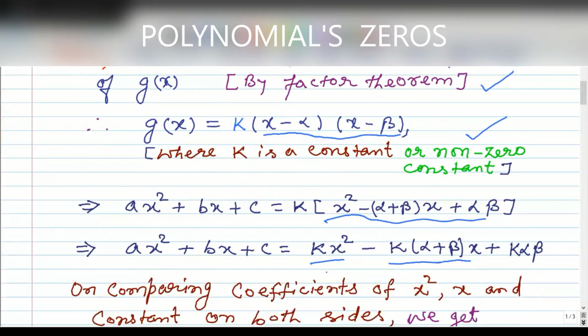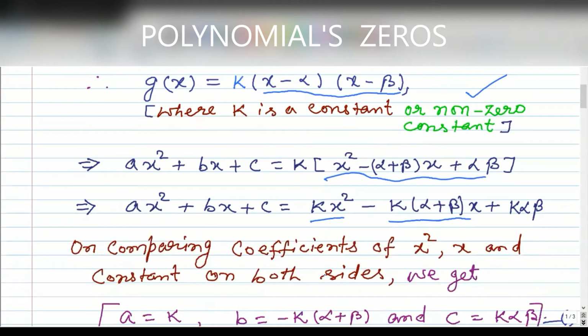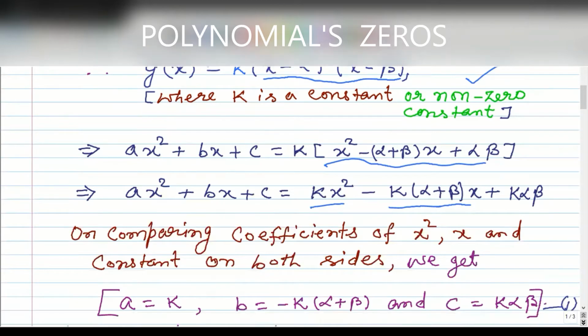On comparing the coefficients of x square, x and the constant on both sides, in the place of a it is k, in the place of b it is minus k(alpha plus beta), and in the constant place it is k into alpha into beta.